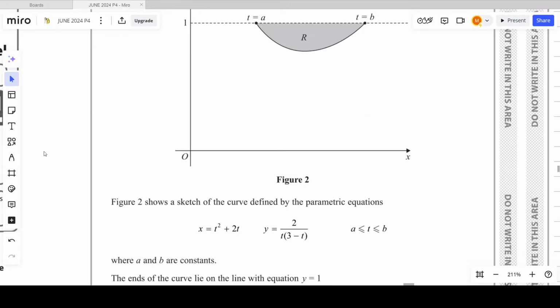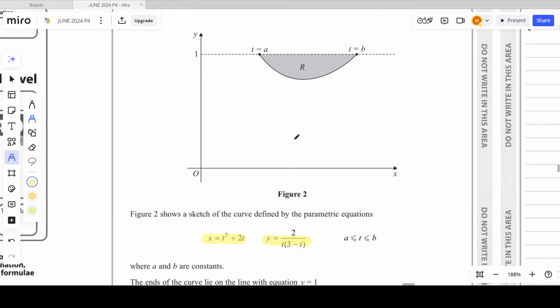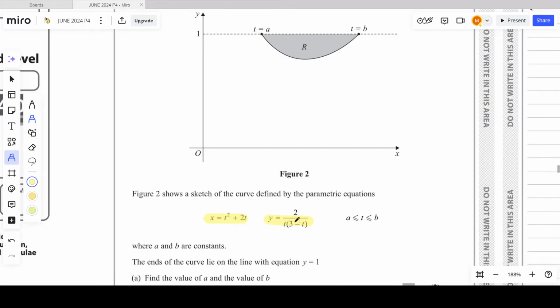The parametric equations which define the sketched graph are defined by x equals t squared plus 2t and y equals 2 over t times (3 minus t). So this curve is defined by the parametric equations x and y.